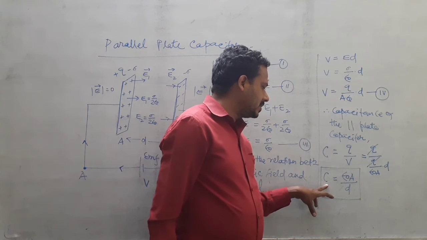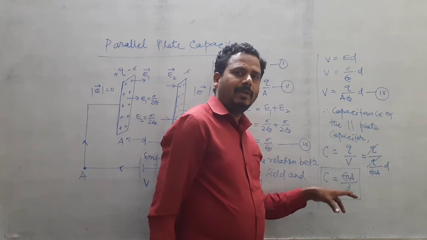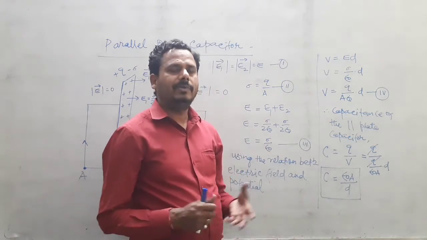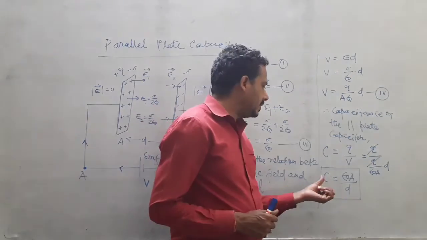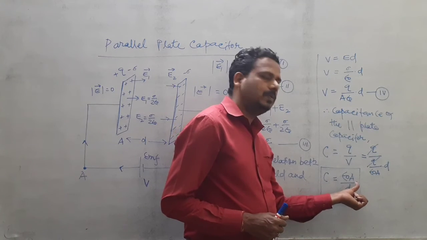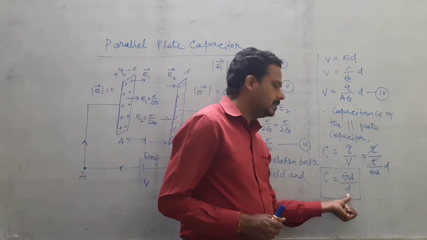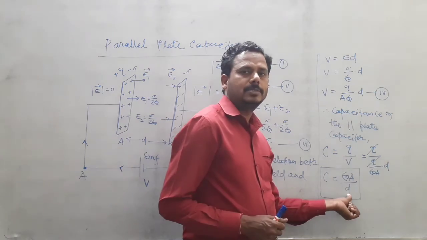So finally your capacitance depends on the surface area. That depends on different bodies having different surface areas. That's why the capacitance of a parallel plate capacitor is directly proportional to the area of the plate and inversely to the separation between the plates.